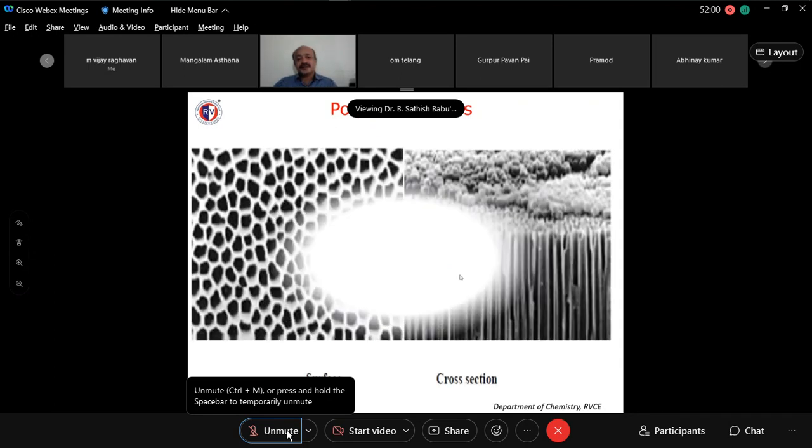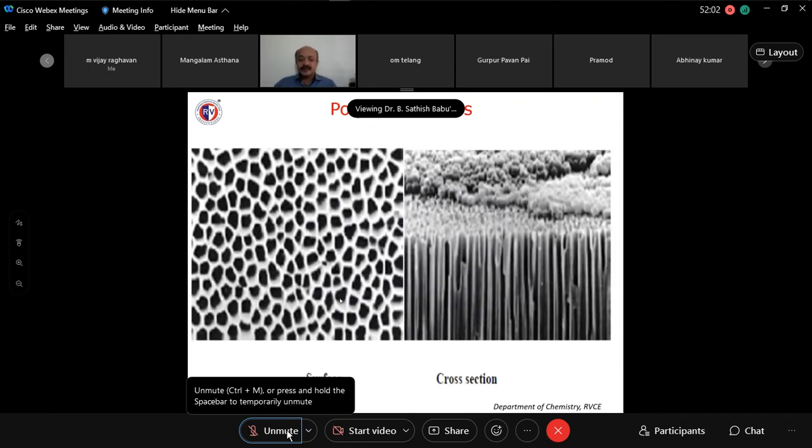Okay, I'll show you pictures of some polymeric films. These are the microscopic pictures, right? So this is a polysulfone film we have taken. If you take the microscopic picture of this polysulfone membrane, you can see some small pores like this. These are very small pores. So these will be nano-sized pores.